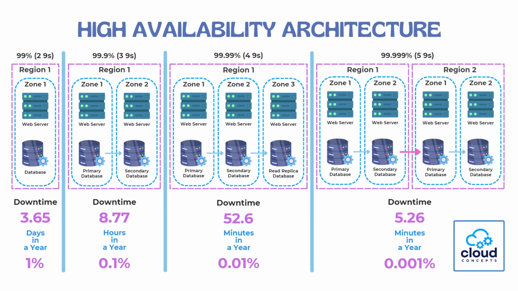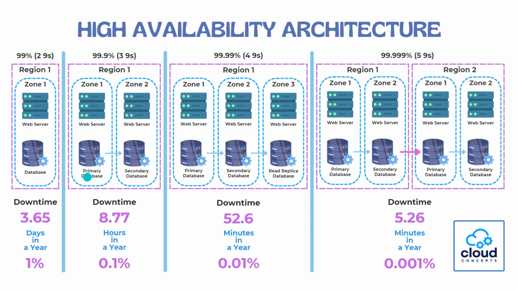Let's talk about our 3 nines architecture, which is 99.9% available. We have one region and we have 2 zones. So that means, let's say we have 2 data centers and they're split by some good distance, right? We have our web servers, and in this scenario, we have a primary database and a secondary database. The secondary database is constantly being backed up. So it's a backup of the primary database.